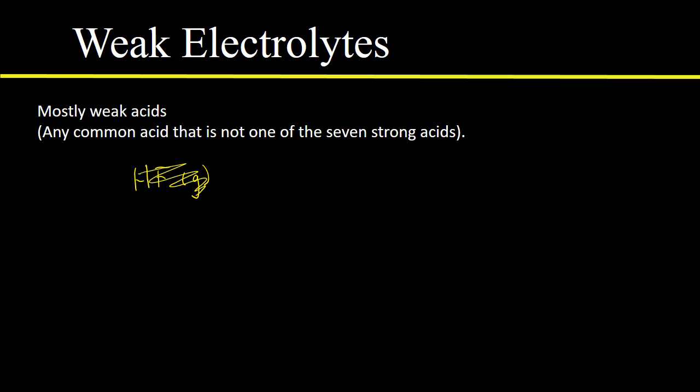Actually, let me write this. Let's say we've got HF that's dissolved in solution. And when HF dissolves, it breaks apart into hydrogen ions and fluoride ions. So in that sense, it's acting like an electrolyte.